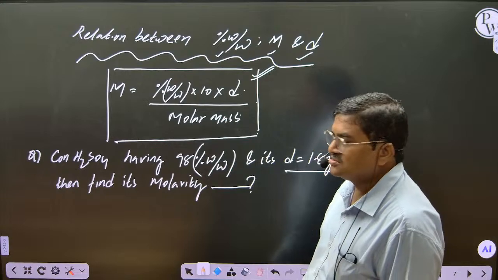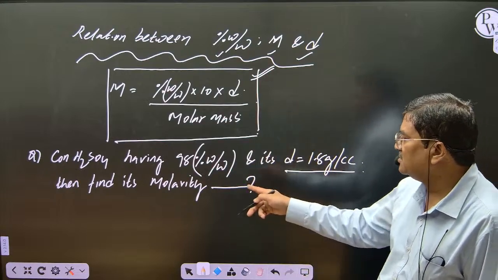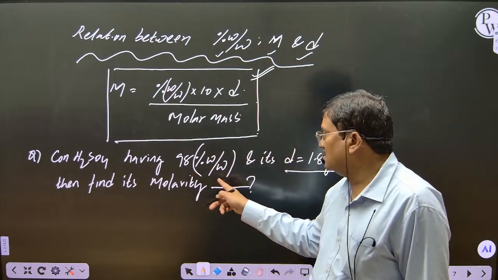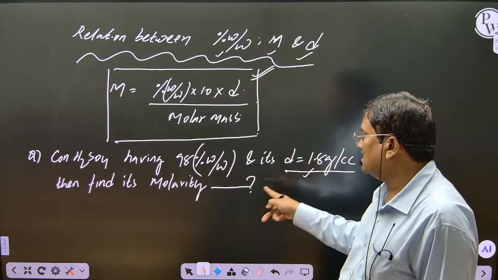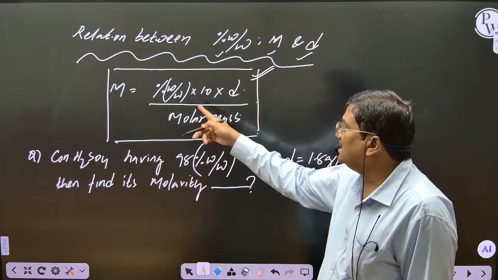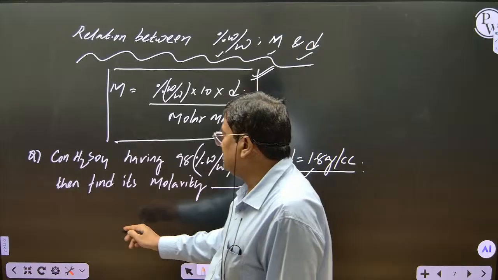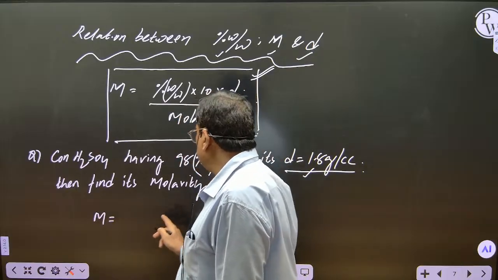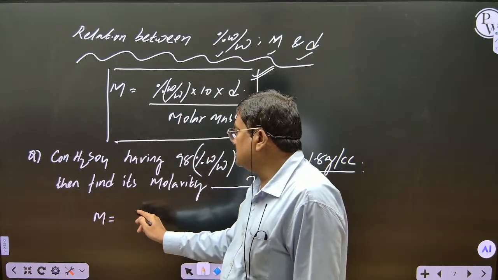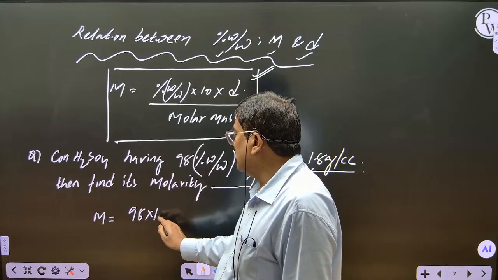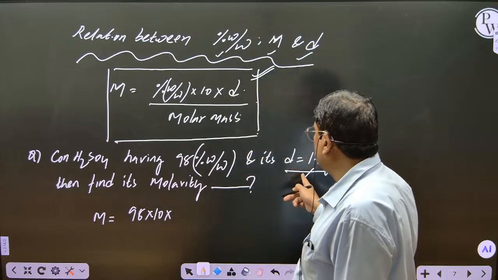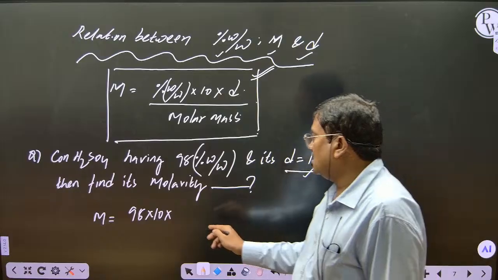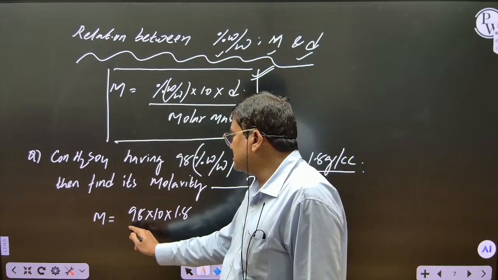Now see, in the question, when you read out the question, mass percentage given, density given, asking for molarity, then direct substitution. So what will be the molarity? Percentage has been given, 98. So this 98 into 10 into density of the solution given, 1.8, by molar mass. What is the molar mass of sulfuric acid?